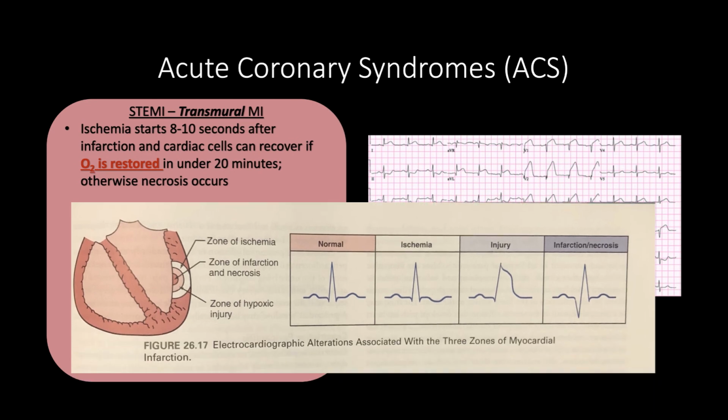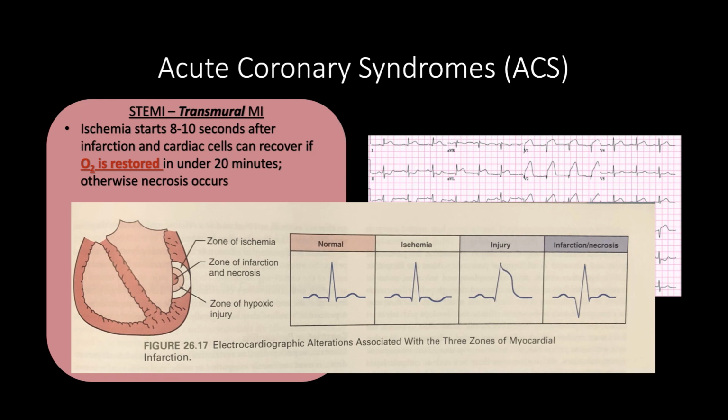Like I stated earlier, the ischemia starts in 8 to 10 seconds after the infarction, and cardiac cells can recover if the oxygen is restored in under 20 minutes. Otherwise, necrosis occurs. So here's a really cool depiction where you have a normal EKG, which doesn't really look like that, but that's okay.